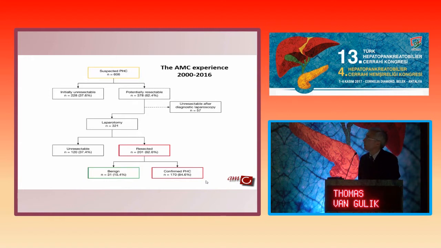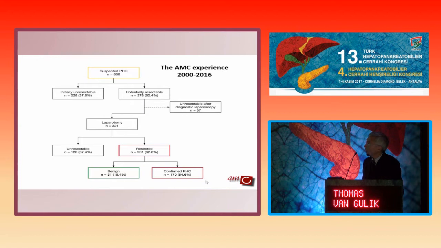perihilar cholangiocarcinoma. As you see, about 1/3 are declined for resection because of obvious locally advanced disease or metastasis. So that leaves you with 2/3 who might be resectable. We use diagnostic laparoscopy, and I'll tell you about the declining value of using diagnostic laparoscopy, but we still do that in selected cases.